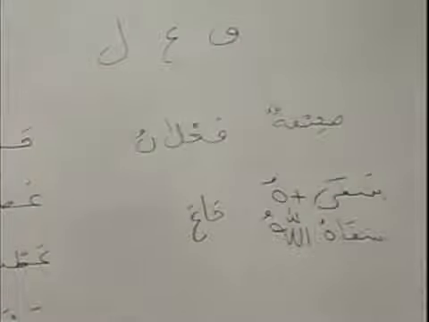Is it normal that maf'ulun bihi can come before the fa'il? Whenever maf'ulun bihi comes in the form of a damir muttasil, what did I say? Damir muttasil, it will come with the verb. You know, yesterday we did it. It will come with the verb, inshallah. You follow, brothers and sisters? Inshallah.